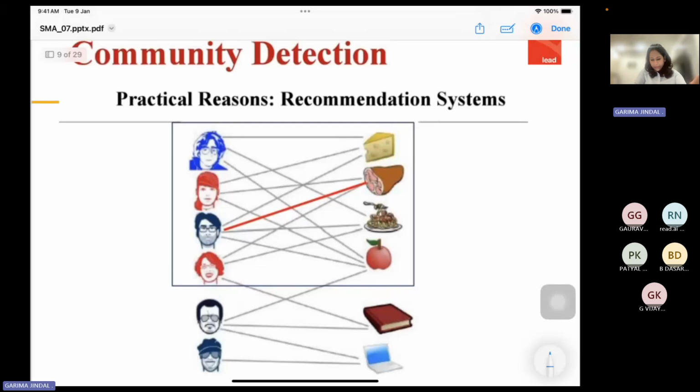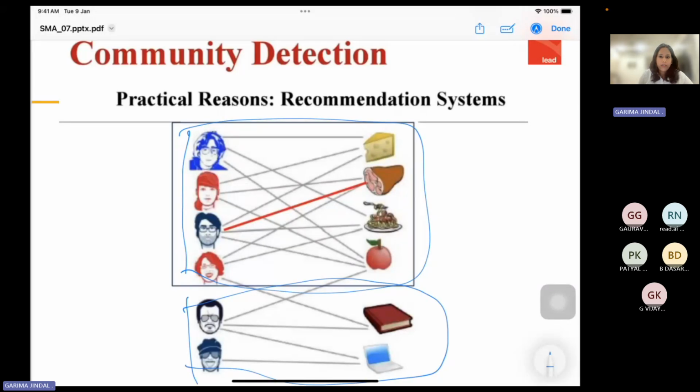So yeah, this is another practical reason for community detection, that is recommendation systems. If you closely observe this particular network, you can see that there are two communities forming here. One is this community and one is this community. This is based on what they are buying. Okay, so we can see that all these nodes present here, they are buying all these things.